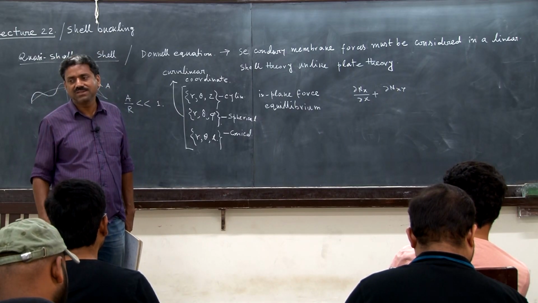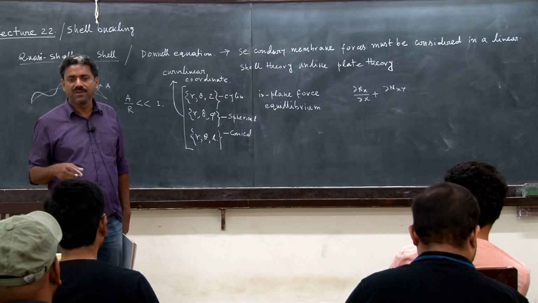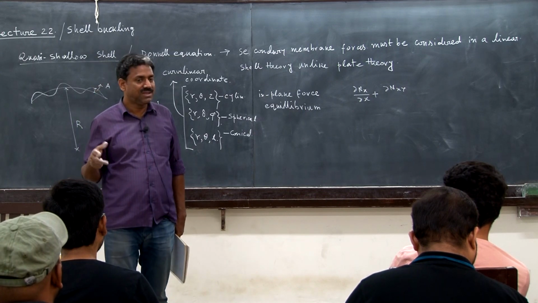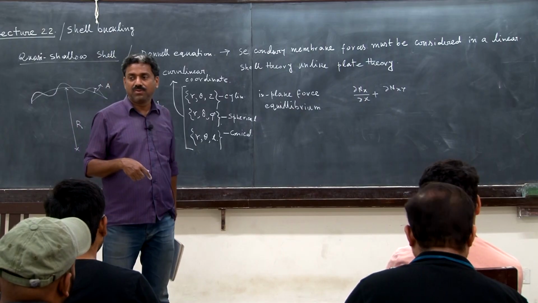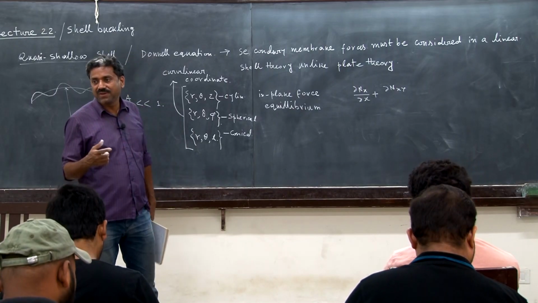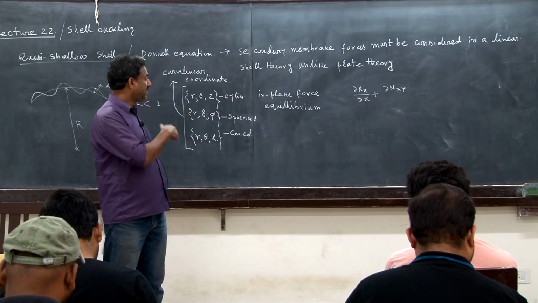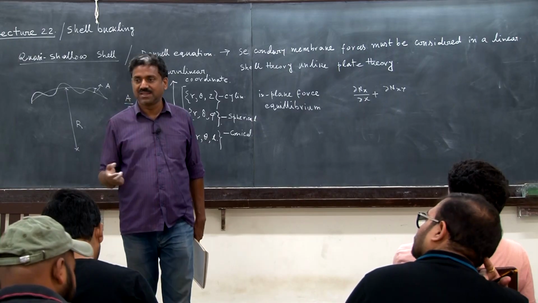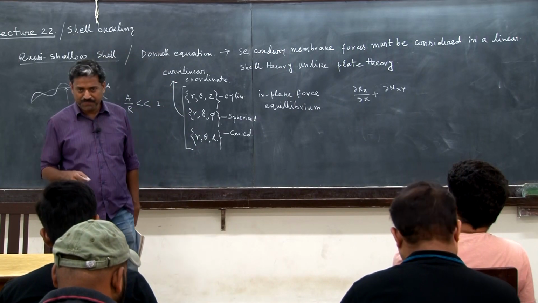Most of the literature is written using curvilinear coordinate, those conventions. You must be conversant with the indicial notations, summation convention, and along with that the differential geometry, where you are taught the curvilinear coordinate system and theory of surfaces and others. Little bit of differential geometry you should know.